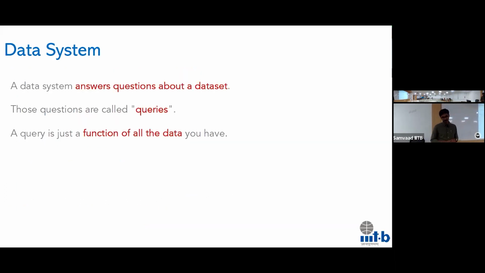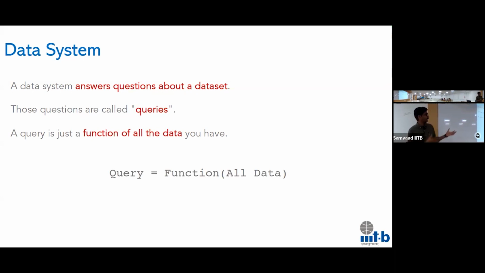So if you look at data systems in general, not even streaming data systems, you can think of something which takes all the data and then applies some function on top of it. That's the function of a data system in general. The function, we can call it a query.